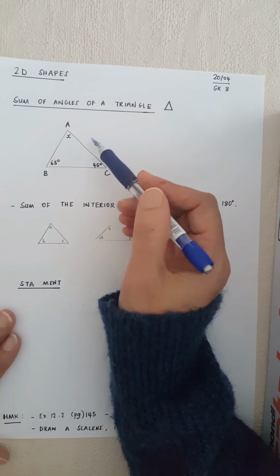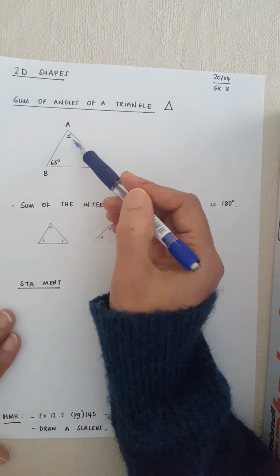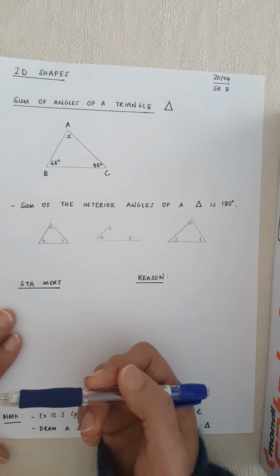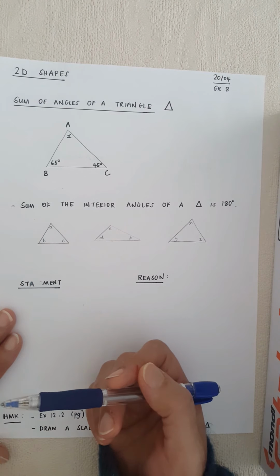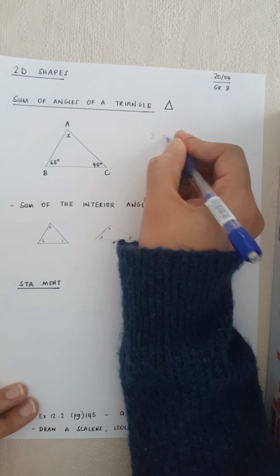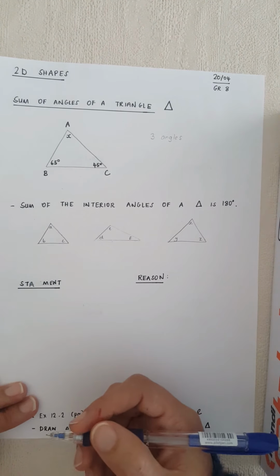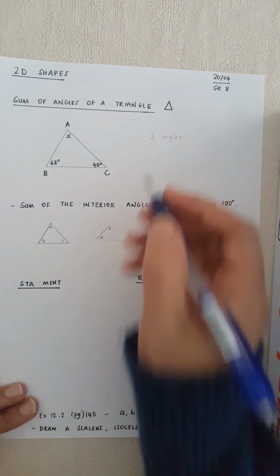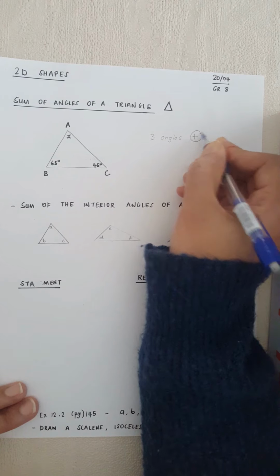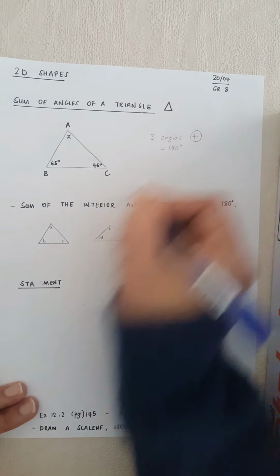It is telling us that we need to add the angles up inside the triangle. Now how many angles are we going to have? You remember what we said, what the definition of a triangle is? A triangle needs to have 3 angles. Okay, only if it has 3 angles can we call it a triangle. So if we add these 3 angles up together in a triangle, they always equal 180 degrees.